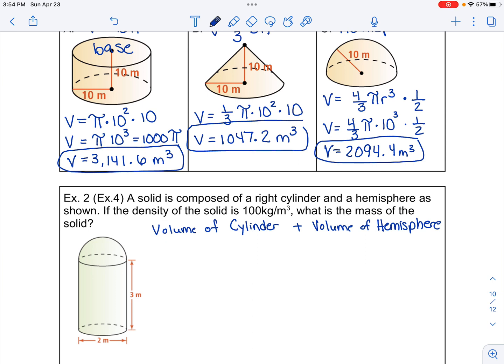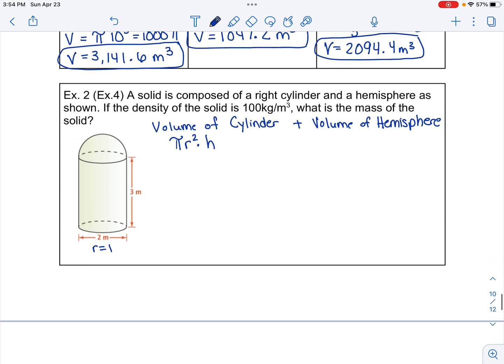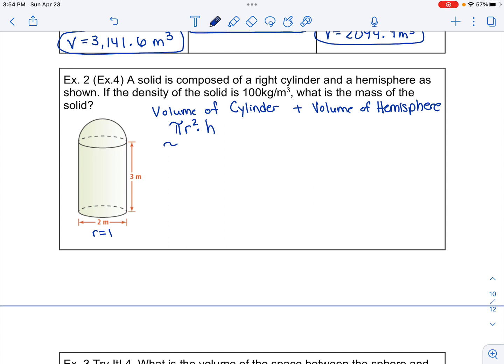The cylinder is the pi r squared h. So for this particular one, you have to realize 2 is called the diameter, so this one has a radius of 1. So we have pi times 1 squared times it has a height of 3.